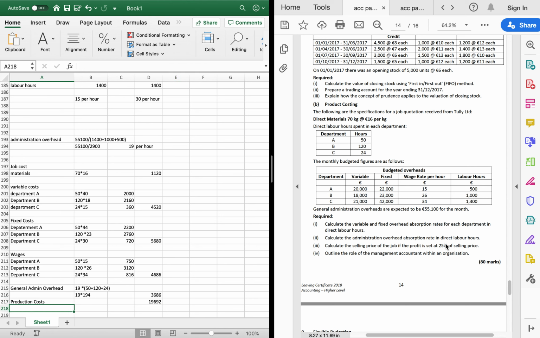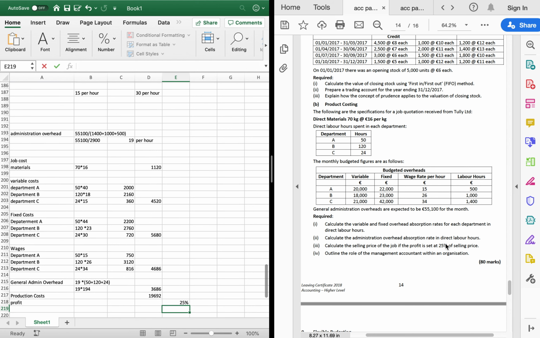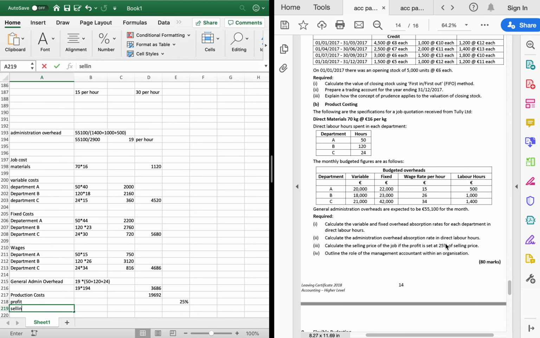So if we go profit, and we say that that's 25% of the selling price, well, the selling price has to be 100%. That means that the production costs have to be 75%, because costs plus profit have to equal selling price.